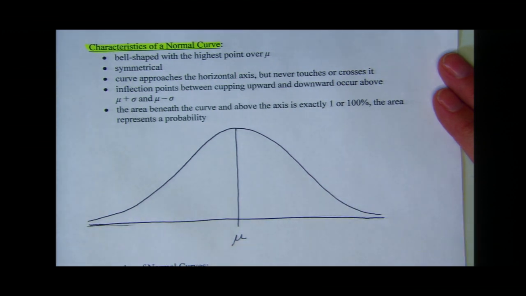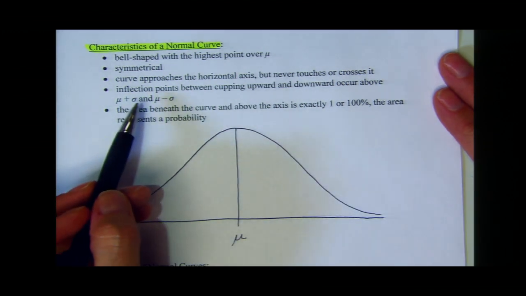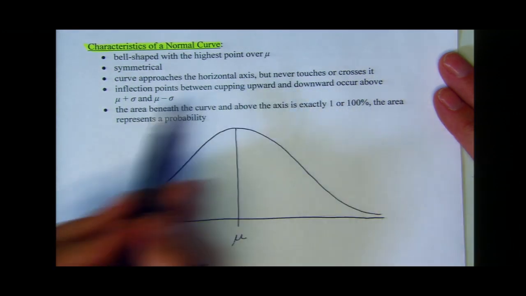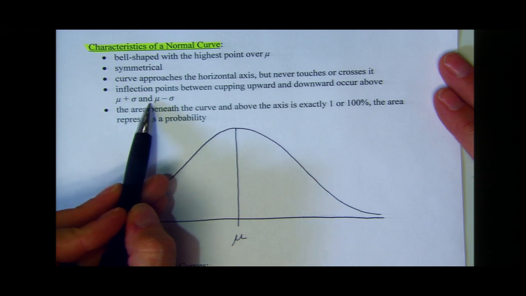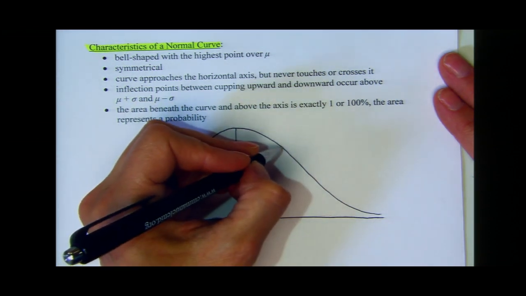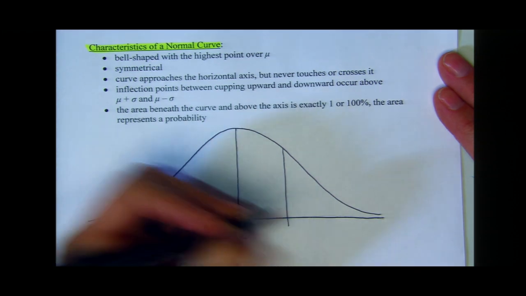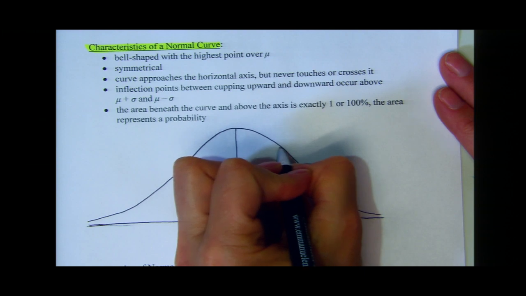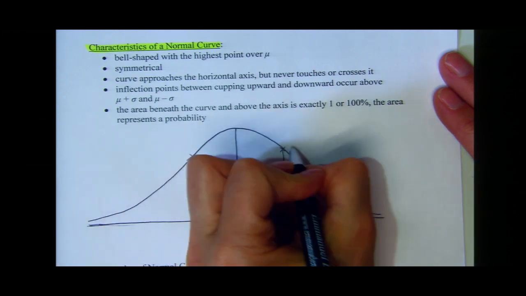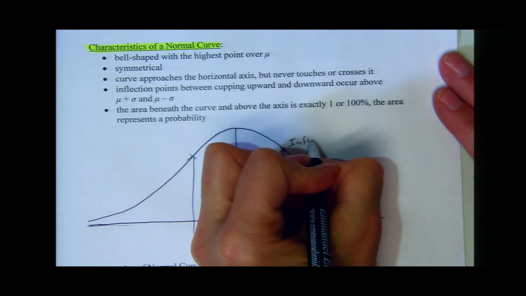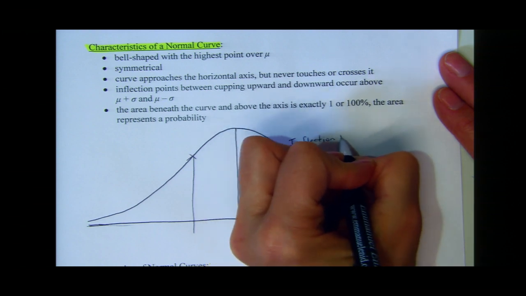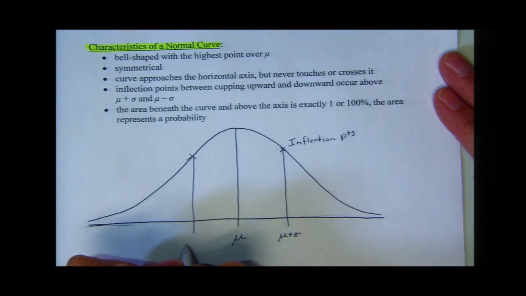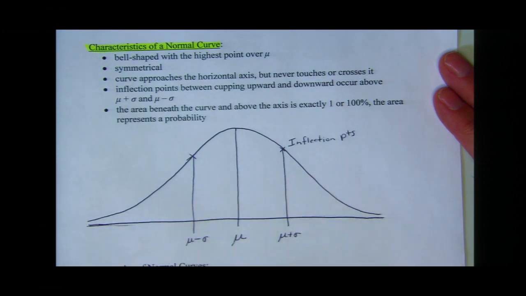or this side. We have what are called inflection points between cupping upward and downward, and those occur at mu plus 1 standard deviation and mu minus 1 standard deviation. My picture may not be exact, but these right here are considered your inflection points. And this is mu plus 1 standard deviation, mu minus 1 standard deviation.